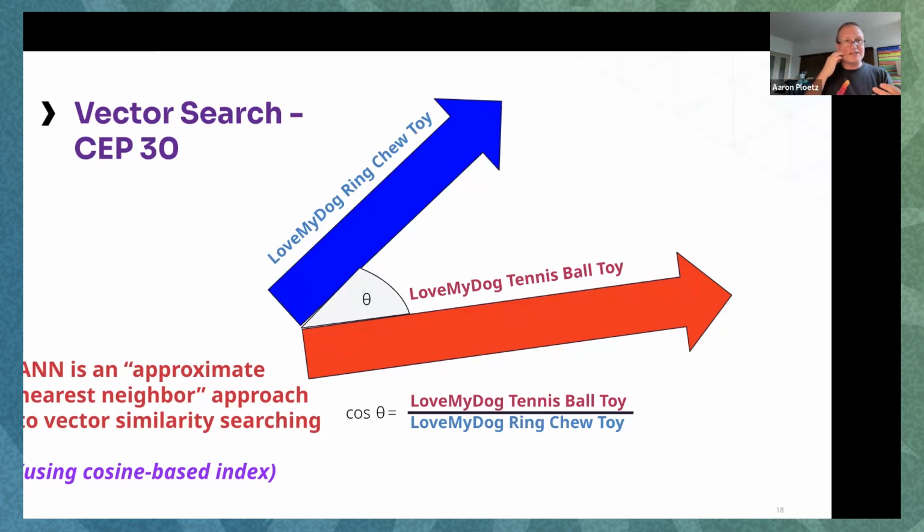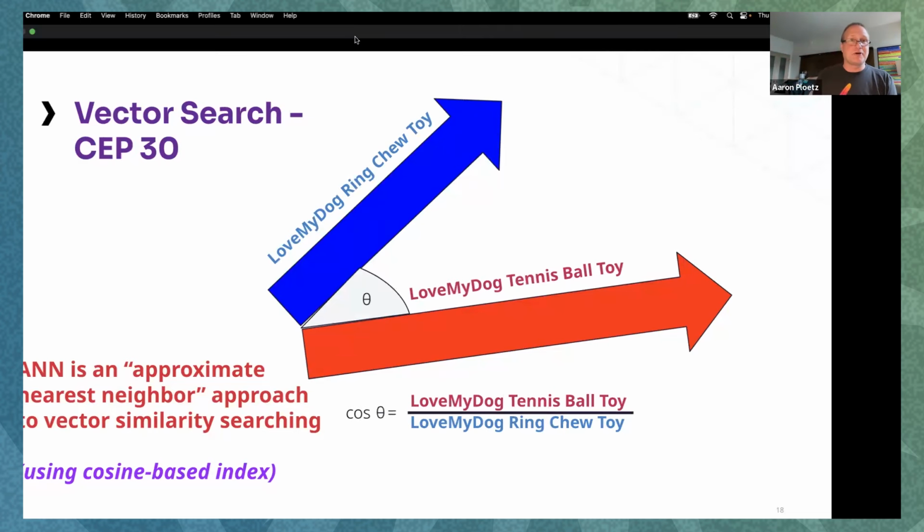If we tokenize the product names like Love My Dog ring chew toy or Love My Dog tennis ball toy, and did a cosine based comparison on those, we'd be able to say, for an ANN, give me the 5 or 6 closest to a particular vector. So we can determine where those data points are in vector space. And it's a way to get that approximation on data where you don't necessarily need to be exact.